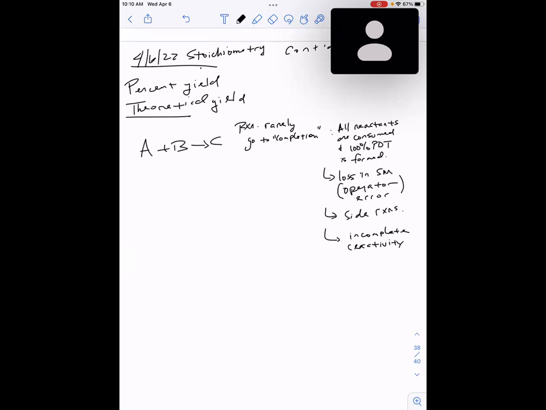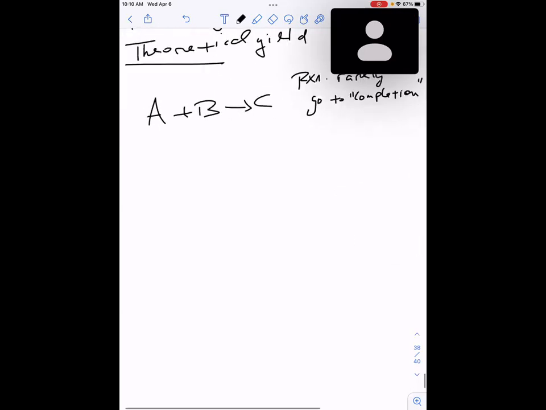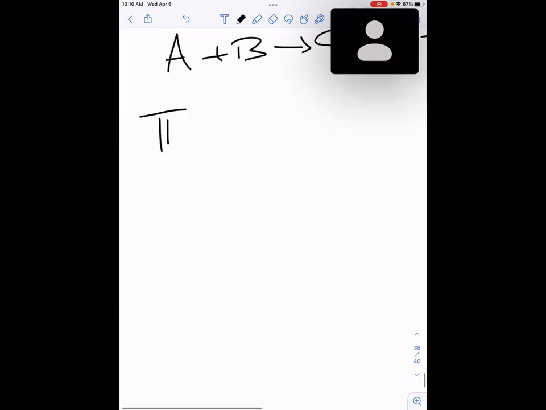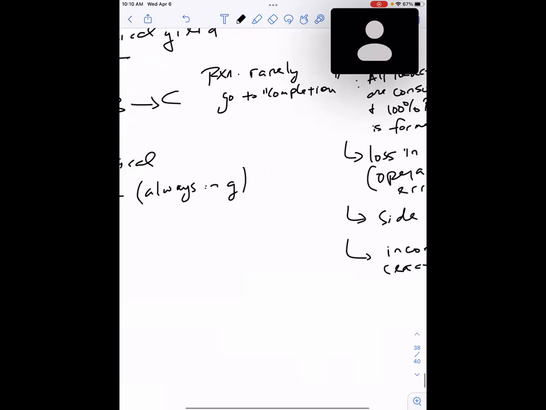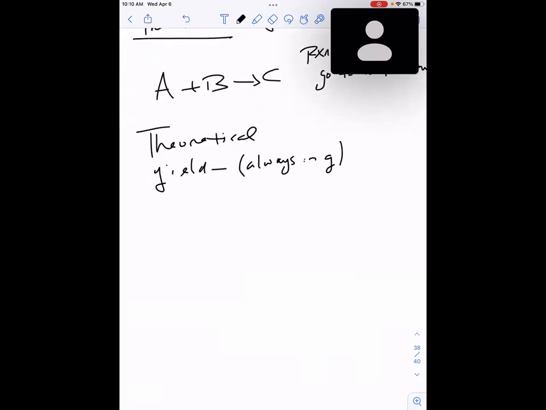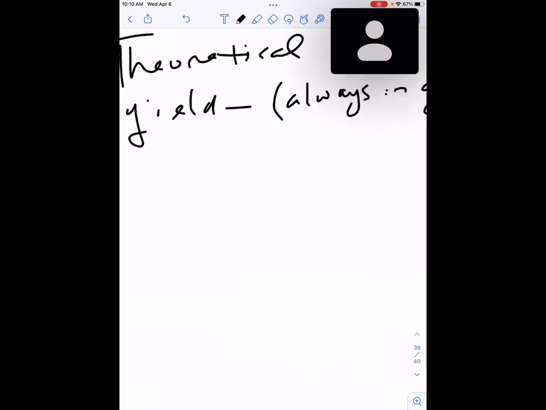But every reaction has what we call a theoretical yield. The theoretical yield is always in grams. That's important. It's always in grams, and it is the amount of product that you expect if the reaction goes to completion.